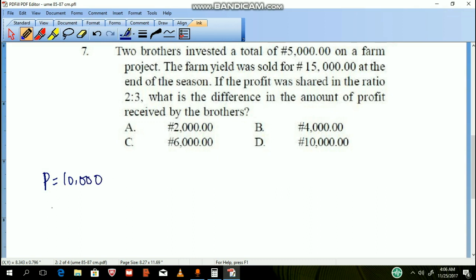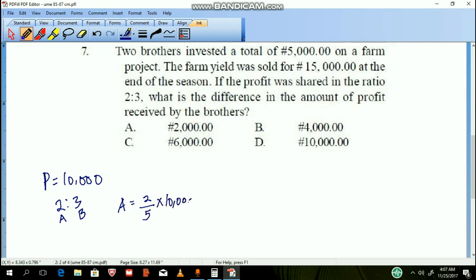Now this profit was shared in the ratio of 2 to 3. So how do we now get the actual profit that this guy gets? Let's call this guy A, the other guy B. The actual profit that A got would be 2 over, if we make it a fraction, 2 over the sum of these, 2 over 5 times the total that they shared.